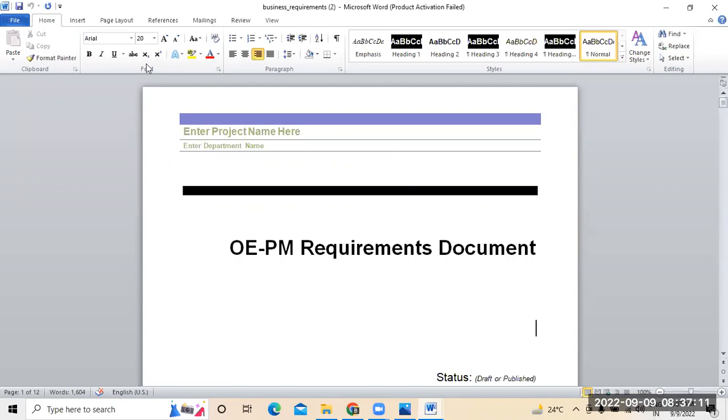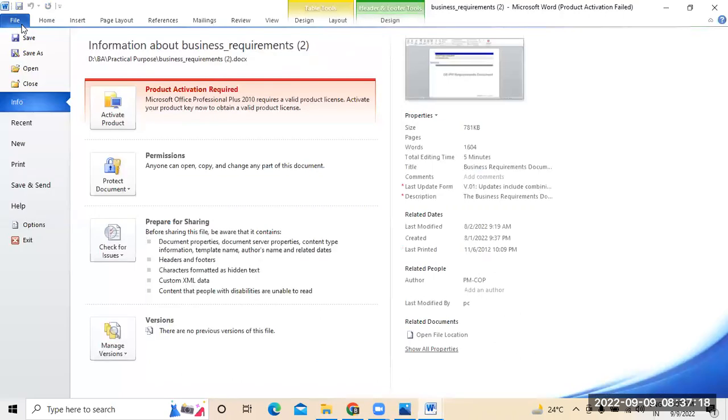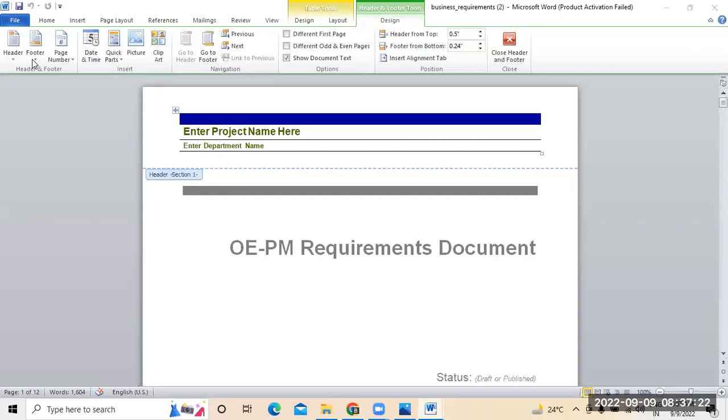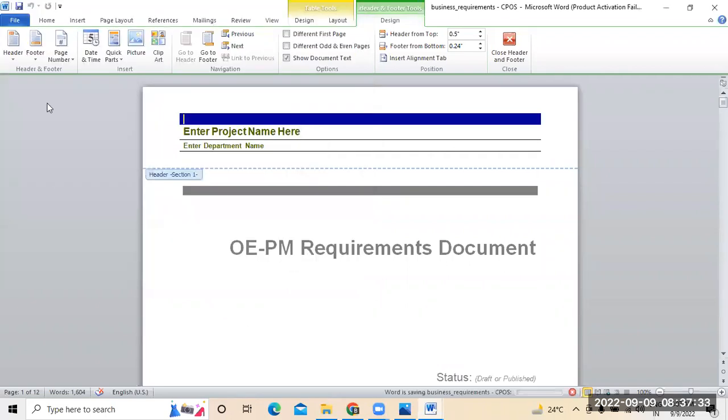Now here you need to write down the name of the project, right? So let me create a separate name for the project. Save as. Right, so I'm just saving it as CPOS.